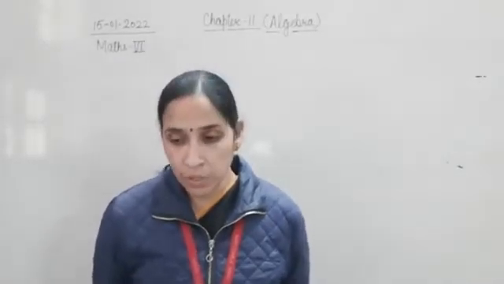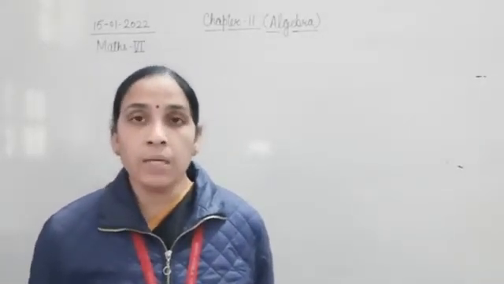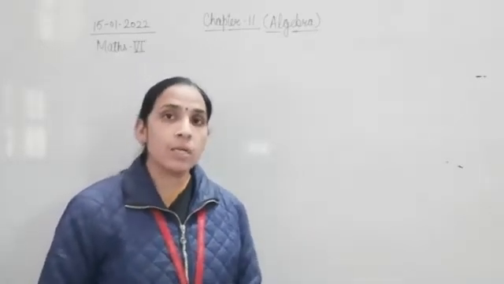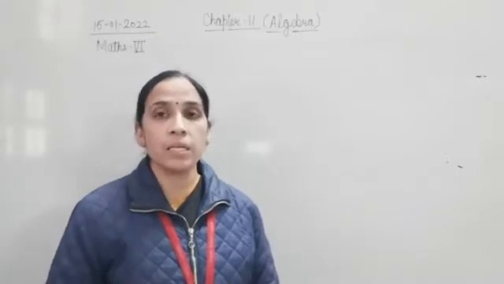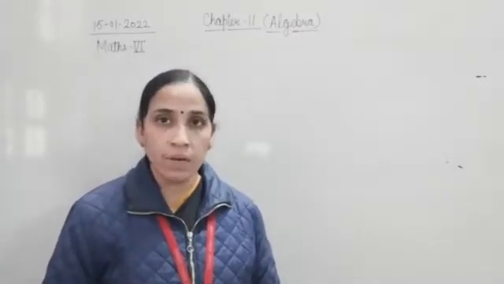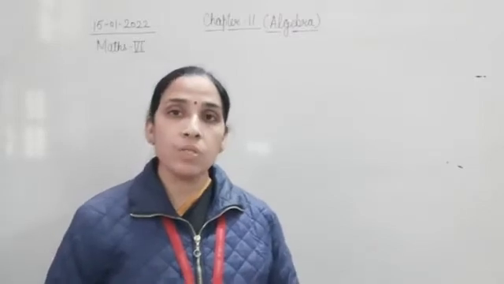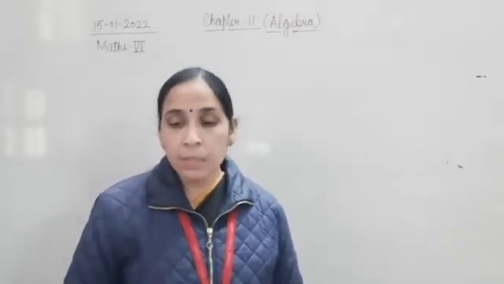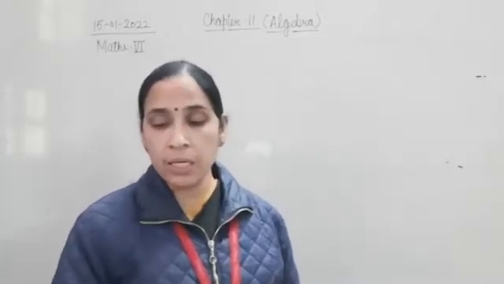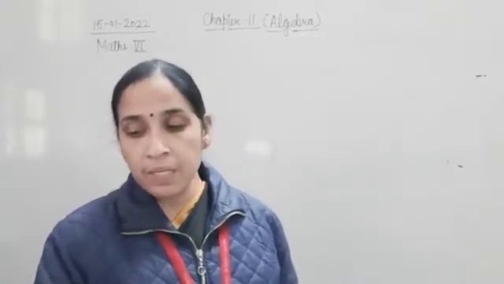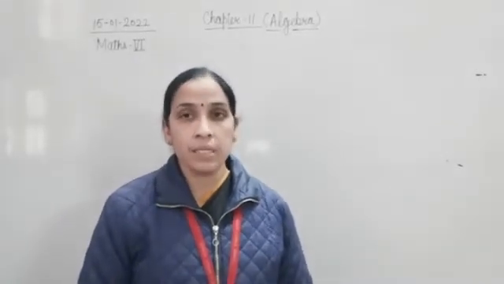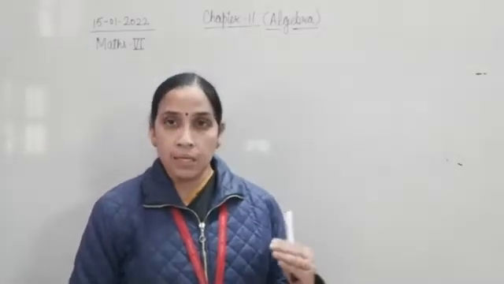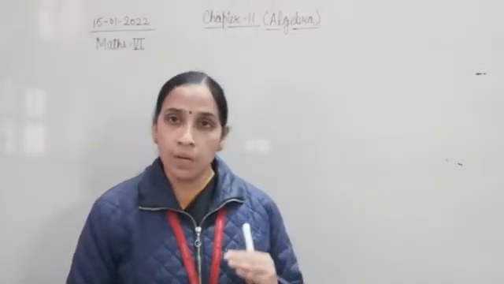Answer the following question number 1. Now if it is given in the question that the age of one of the children is x years or y years, then fine. If it is not given, then you can assume yourself the age of that particular child. Now in this question it has been asked to take Sarita's present age as y years, and the comparison will be made from her age only.